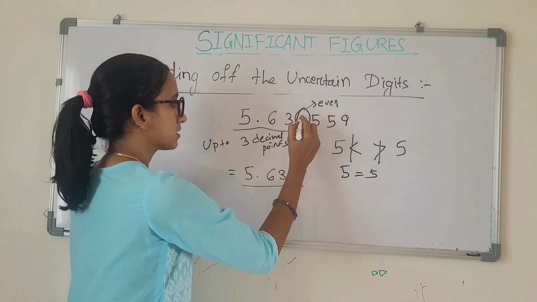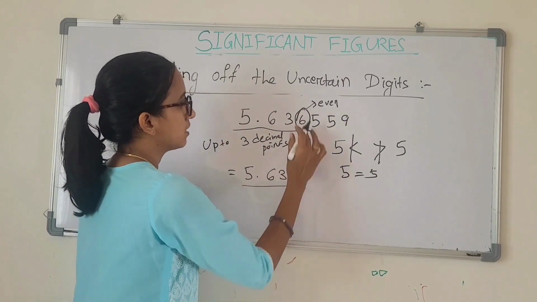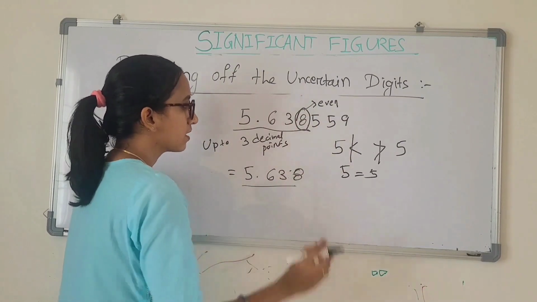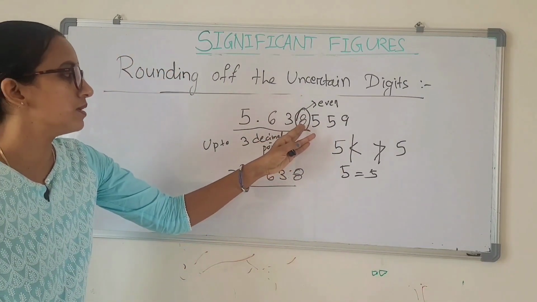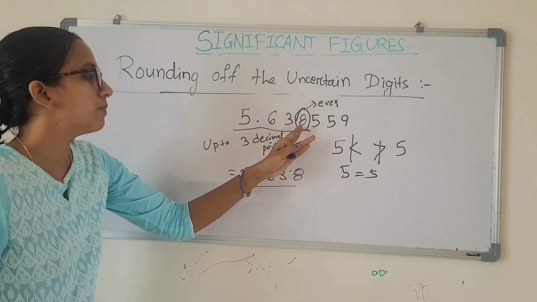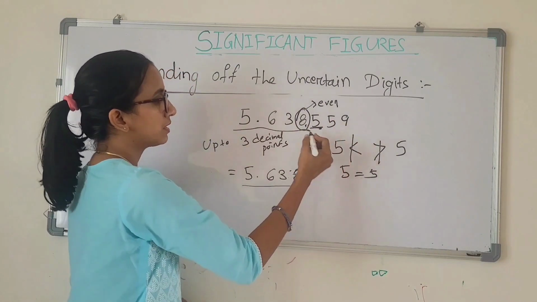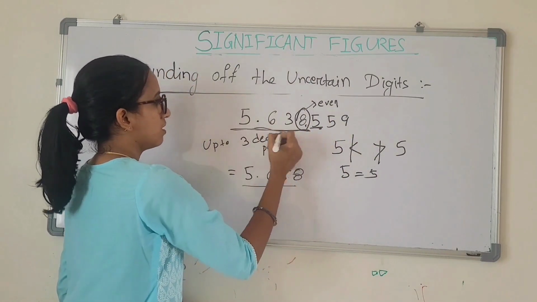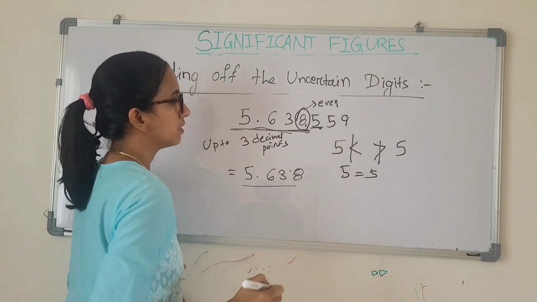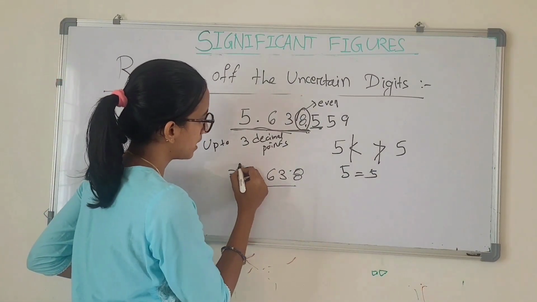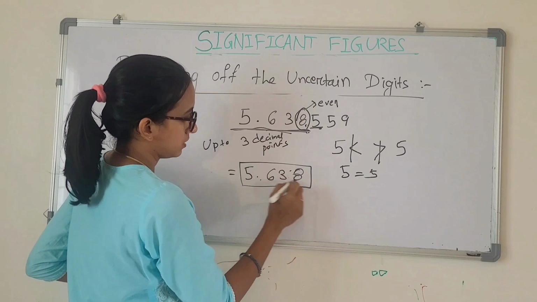If it is 6, then you will write 6. If it is 8, then you will write 8. So whatever the number may be, if it is even and you have a 5 after that, and you have to round up to the 3rd decimal point, then you will write the number as it is.